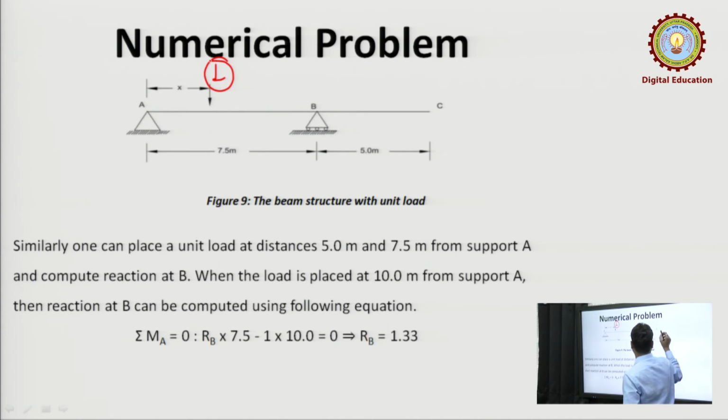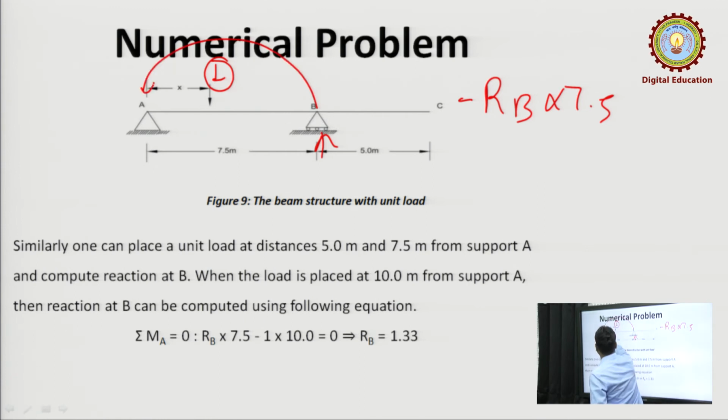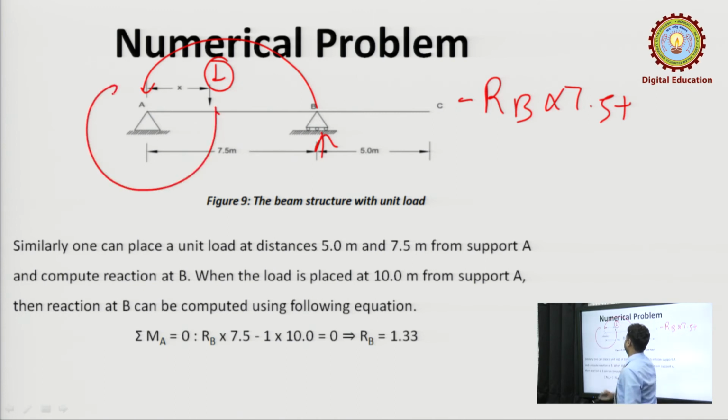How can we then find the reaction RB? Minus RB into 7.5, this is going in an anti-clockwise direction, positive sign, moment about A. This is the clockwise direction, which is 1 into x is equal to 0.